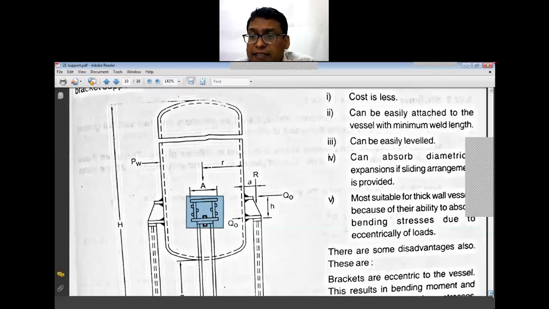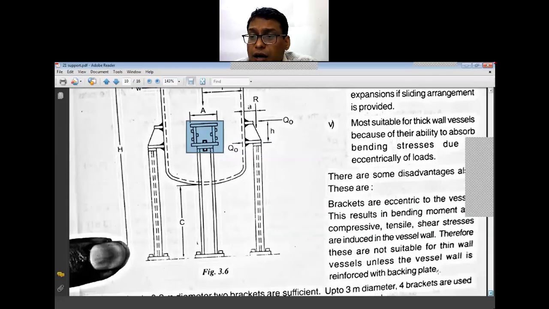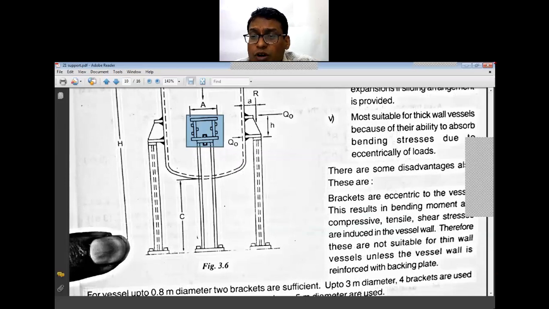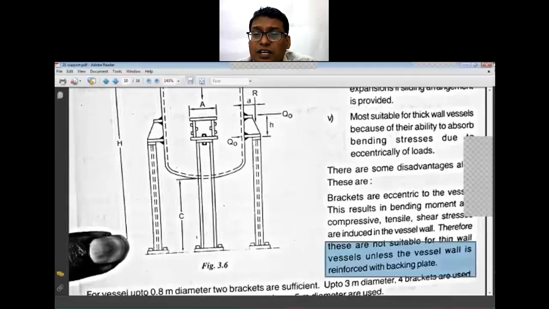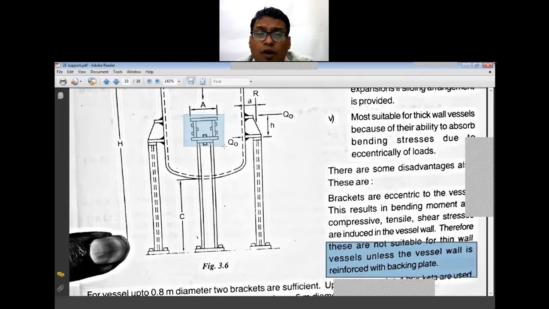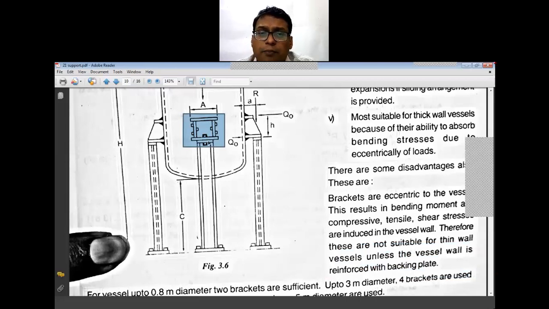The brackets have a reinforcing plate, therefore these are not suitable for thin wall vessels unless the vessel wall is reinforced with a backing plate. Over that backing plate, I am going to put the stiffening plates and the gusset plates. These are welded to the vessel.